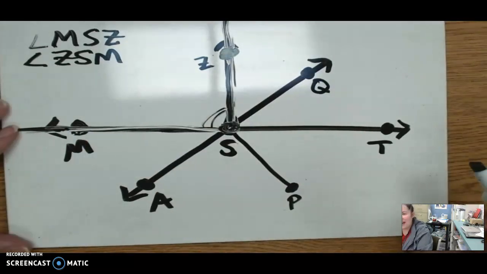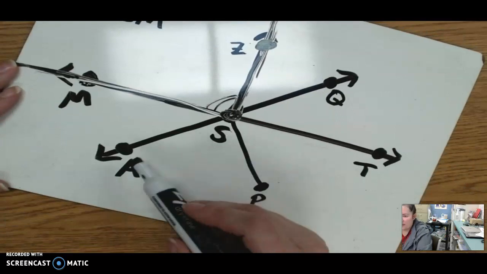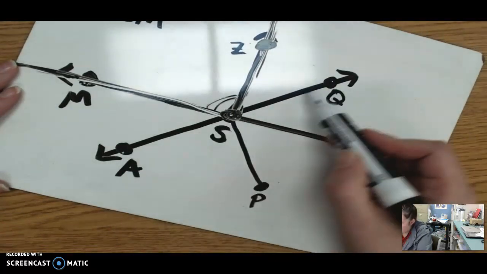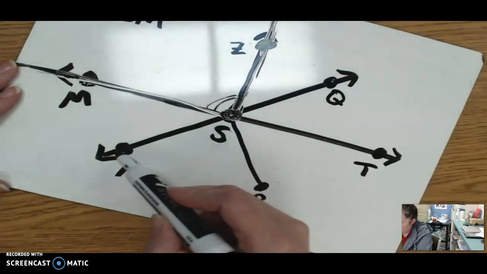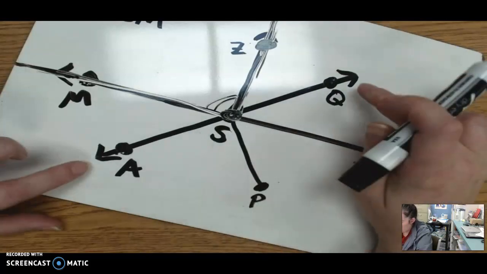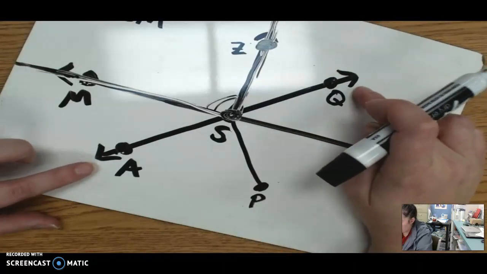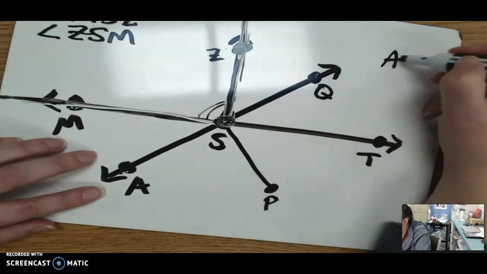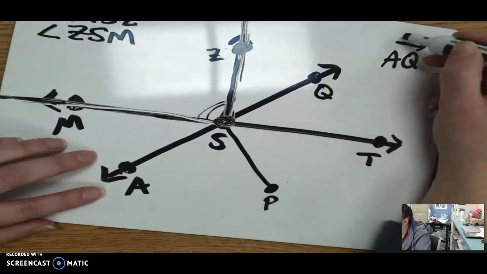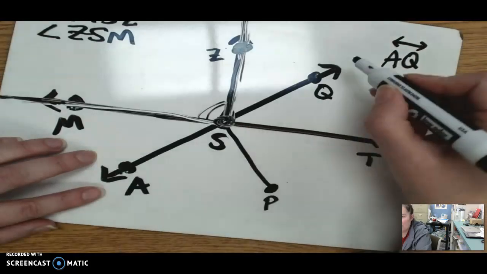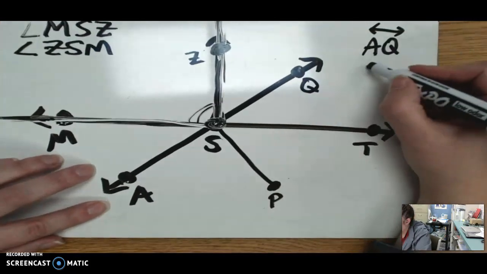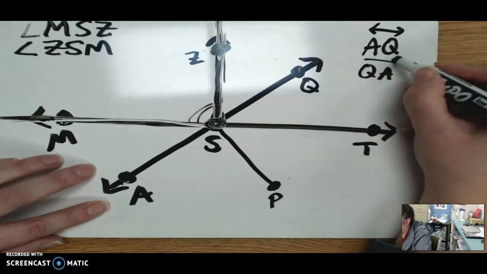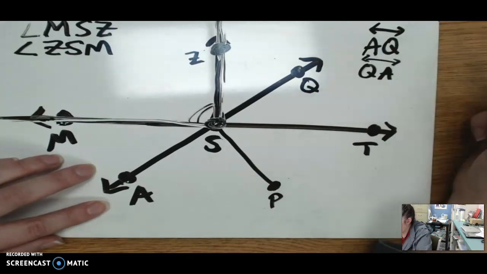Let's look to see if we can find a line. Look here, if I want to go from A to Q, if I want to write this line, A to Q, notice I've got arrows for these ones. So this would be line AQ, and we would put a line symbol up above, AQ. Or you could say QA with the symbol up above.